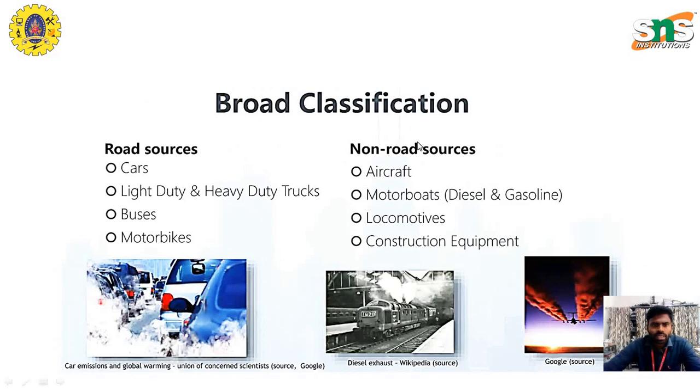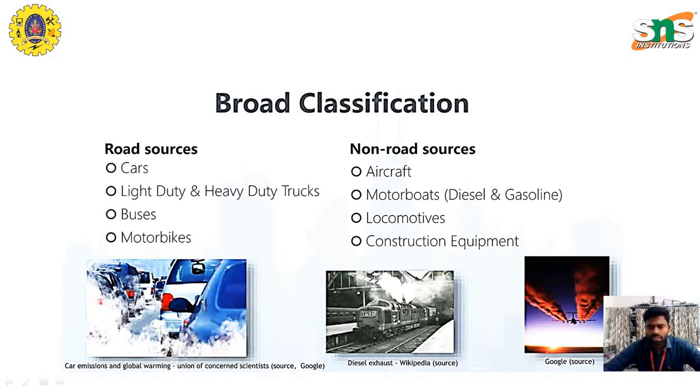And in this case, there are different sources that emit emissions: cars, light duty, heavy duty, trucks, buses, motor vehicles, motorbikes, and non-road sources like aircraft, motorboats, and locomotives.